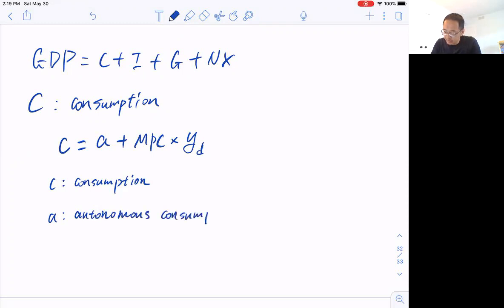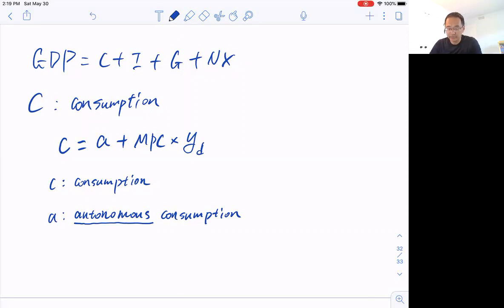In this class, whenever you see the word autonomous, it means independent of something, and in this context it always means independent of income, or independent of real GDP, which is the income on the national level.